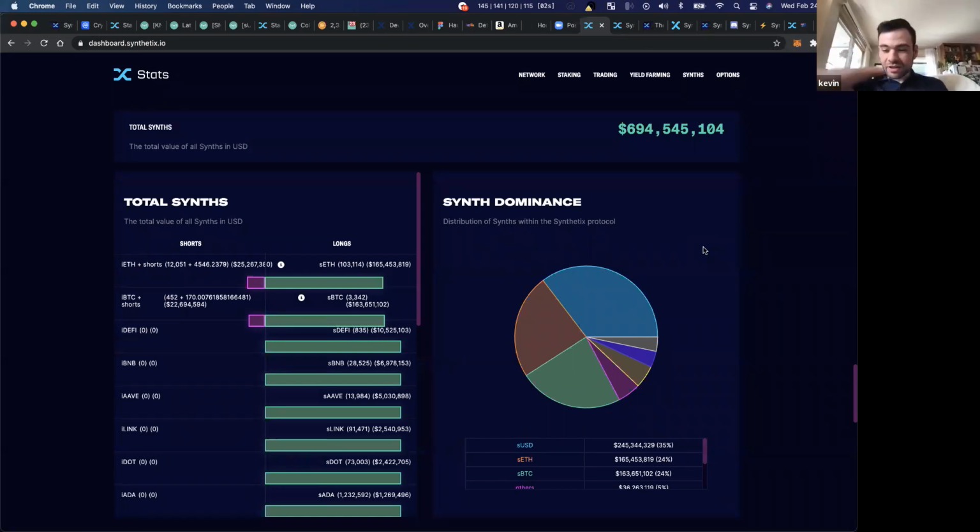Closing thoughts: when I encountered the Synthetix project, I said, wow, this is such a cool idea, but I have a whole lot of unanswered questions about how this is going to work. There's a lot of concerns and risks. I saw some Reddit FUD post about how Synthetix is trash.